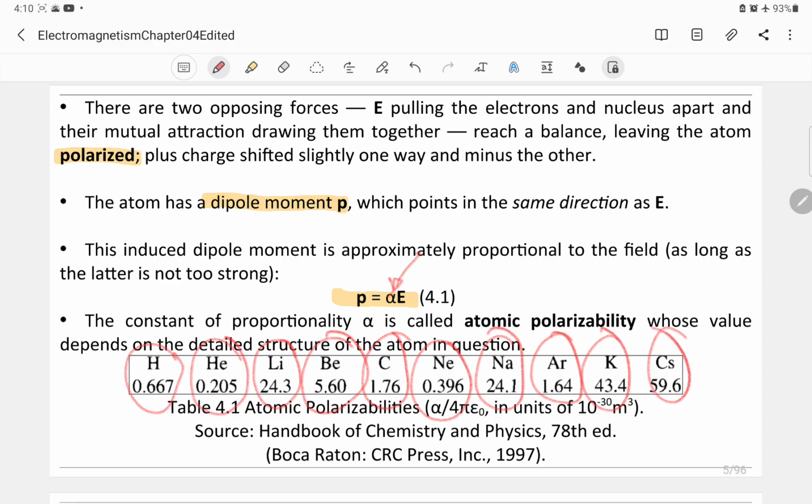You have different magnitudes. As you can observe here, the atomic polarizability of gases is much less than that of solid material. By the way, in this table, the polarizabilities are determined by alpha over 4 pi epsilon, and the unit is cubic meters, in the order of 10 to the negative 30.